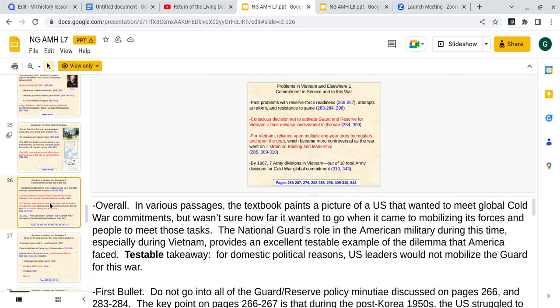For Vietnam, there was a reliance upon multiple one-year tours by regulars and upon the draft, which led to a huge problem in terms of training and leadership. So basically for Vietnam, everybody served for 1 year, and then they came back home and they were replaced by different people who also served 1 year. So the problem here for a long war like Vietnam, with each person only serving 1 year and then being switched out, there's poor training, poor experience, everyone's inexperienced.